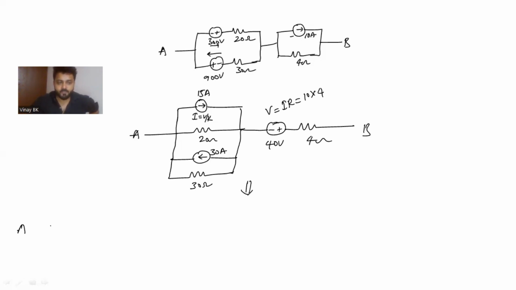So from A, you can get one current source. The direction of current source is from right to left because 30 ampere has the direction of right to left, and the difference is 15 amperes. And the equivalent value of resistor 20 parallel to 30 is nothing but 20 into 30 divided by 20 plus 30.